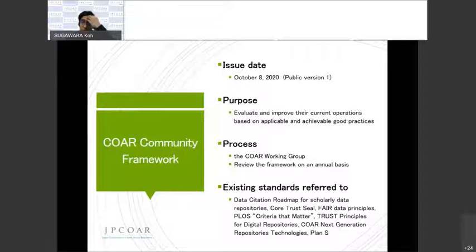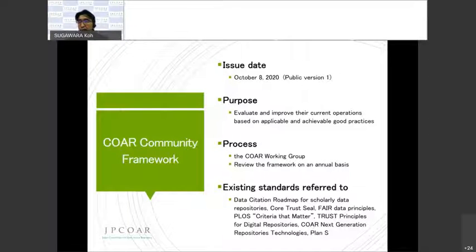Have you already read this framework? As a quick overview, this framework was published in October last year. It is designed to evaluate the operation of repositories by listing applicable and achievable criteria.